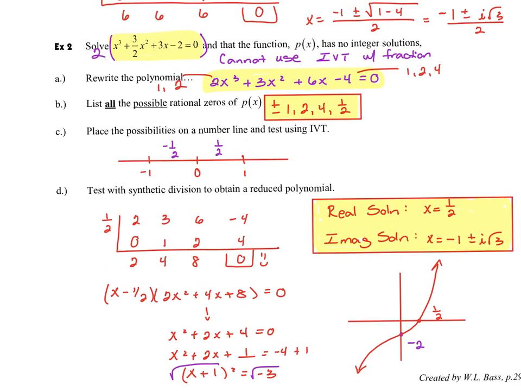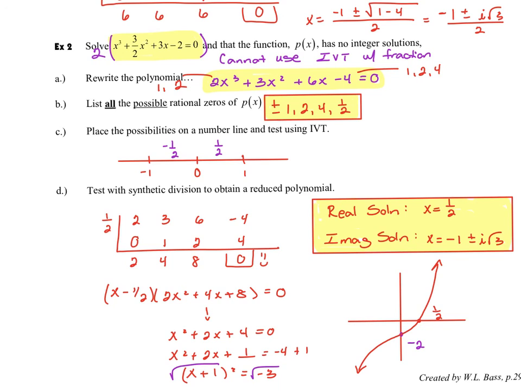Example 2 has a special little detail in it, and the important thing about example 2 is you'll notice that this polynomial is set up as an equation and not just a function, not just as function notation. And the intermediate value theorem has an extra detail in it that you likely missed in the previous video, and it mentions that all of the coefficients on the polynomial must be integers.